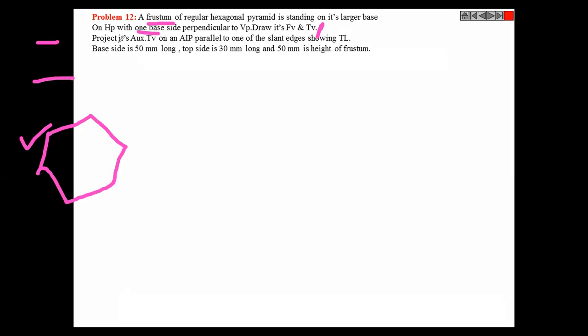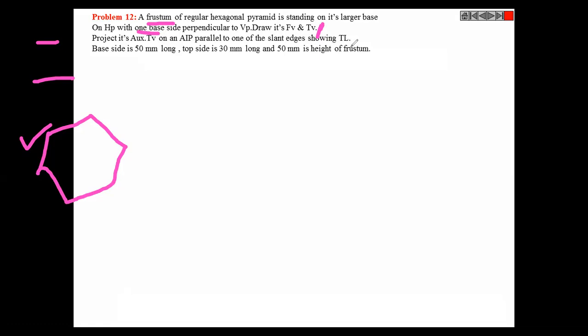Now, what is next? Project its auxiliary top view on an auxiliary inclined plane parallel to one of the slant edges showing true length. Now this is interesting and we will see it. We have already seen in sectional projection of solids that we have two types of auxiliary plane, AVP and AIP.